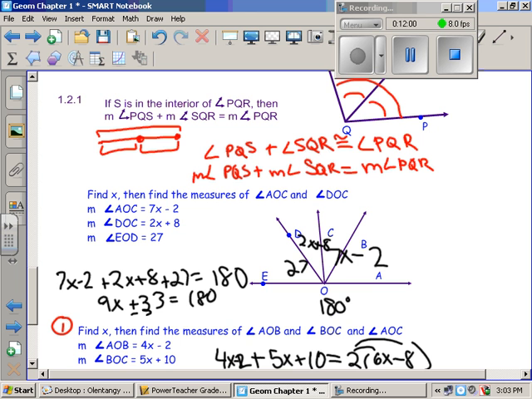Subtract 33 from both sides and get 9x equals 147. Divide by 9. 9 goes into 14 once, that leaves 5. 9 goes into 57 6 times with 3 left over. So it's 16 and 3/9, or 16 and 1/3. Okay? So those are different ways you can use the angle addition postulate.